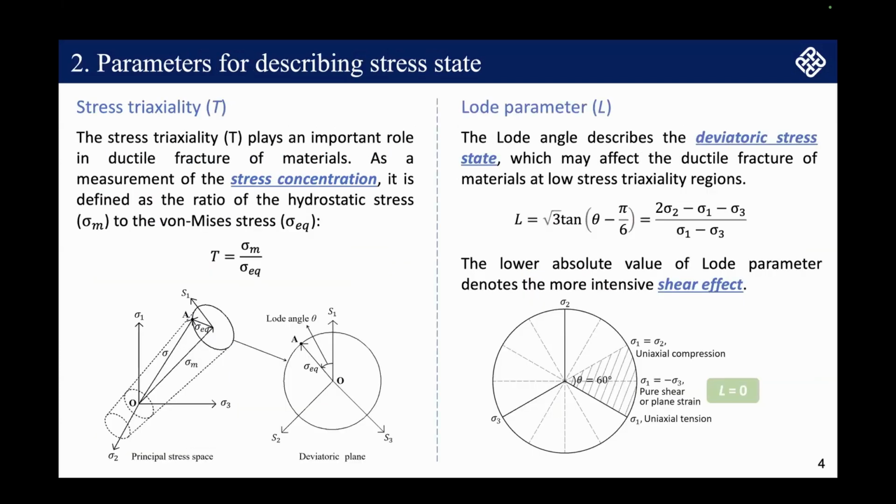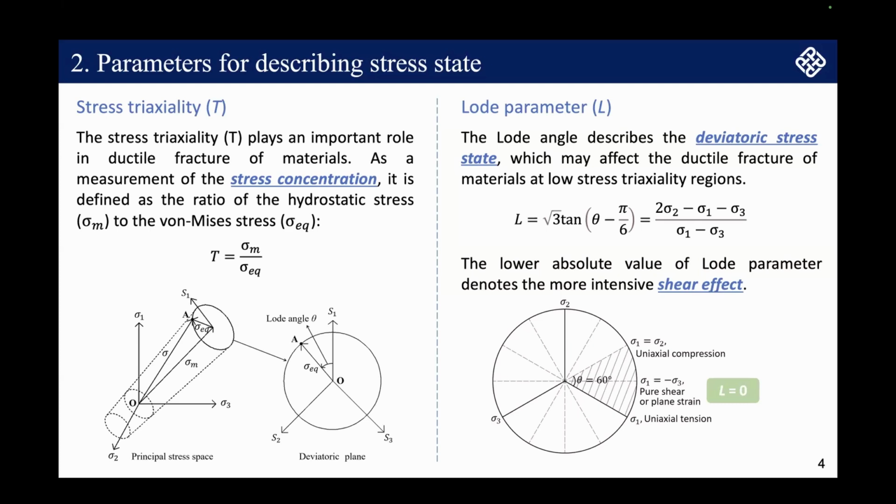To evaluate the stress state, we introduce two parameters. First, the stress triaxiality, to evaluate the stress concentration, and second, the Lode parameter L. This parameter describes the deviatoric stress state, and a lower absolute value of the Lode parameter denotes a more intensive shear effect.